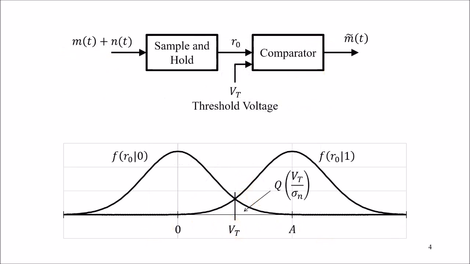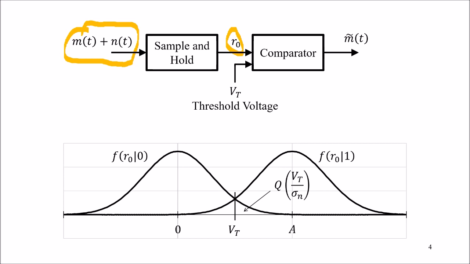In detecting these binary bits, we're going to take the message plus the noise signal, and that will be applied to some kind of sample and hold circuit. So at some point in the signal, the value will be sampled, and that sample then will be applied to a comparator, and if the sample is greater than a certain threshold voltage, then the bit will be assigned the value of 1, a logical 1.